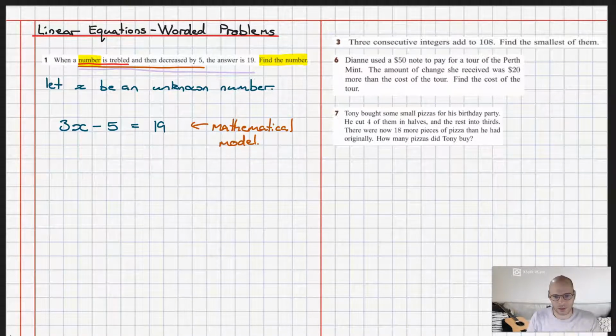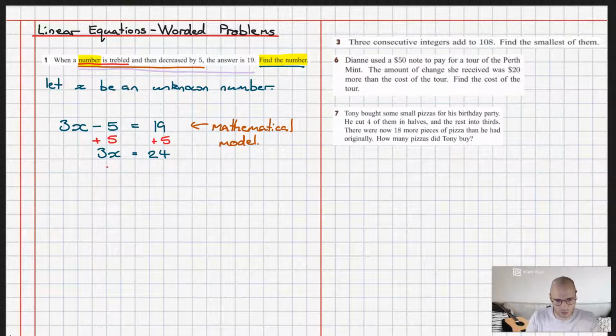Now that we've got the mathematical model, we have to find the number, or solve for x. When solving this linear equation, we want to move our constants to the right and have our variables on the left. So we add 5 to both sides of the equation, and this gives us 24 on the right and 3x on the left.